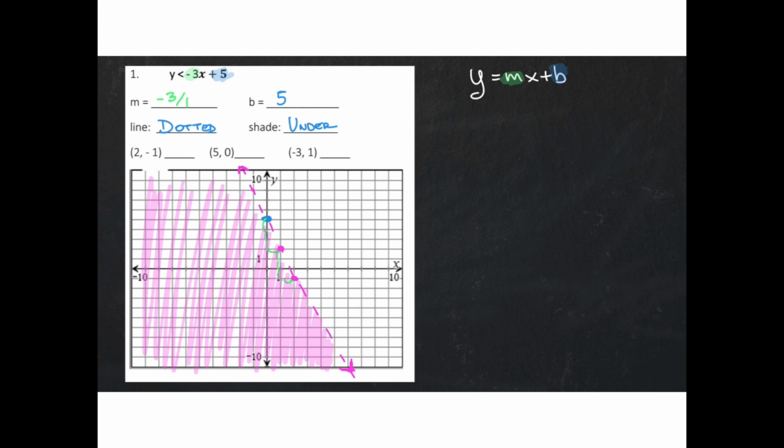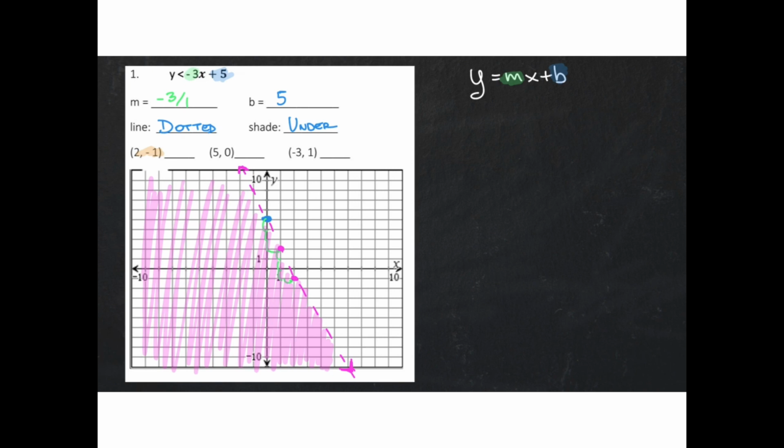Okay, so now we're going to focus on the next part, which is to determine what can be a solution. So we are going to start with this point right here, the point 2, negative 1.